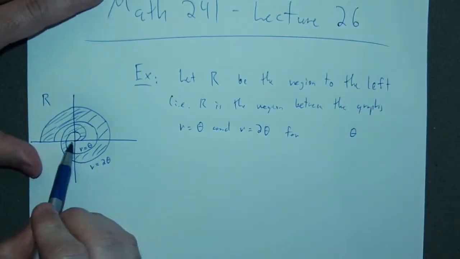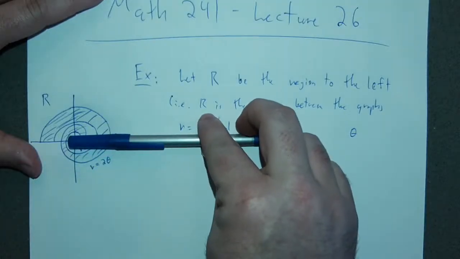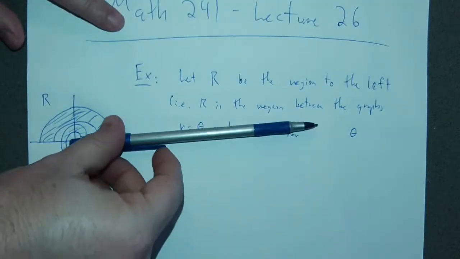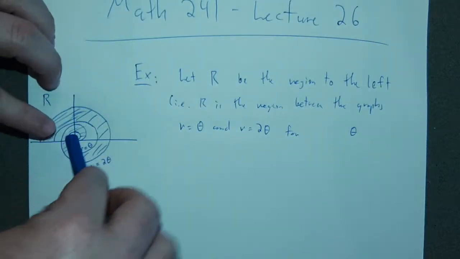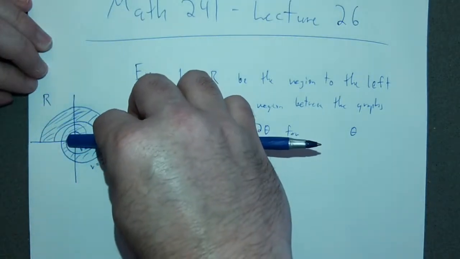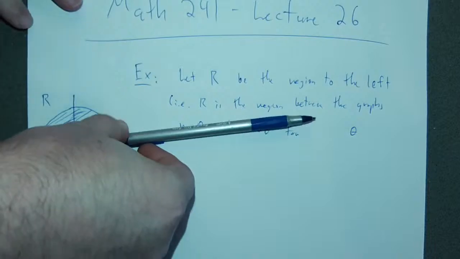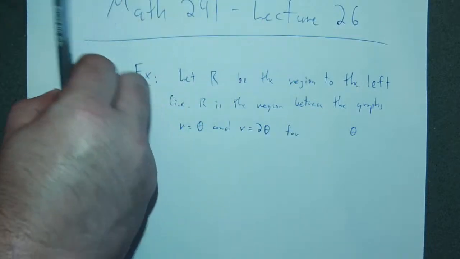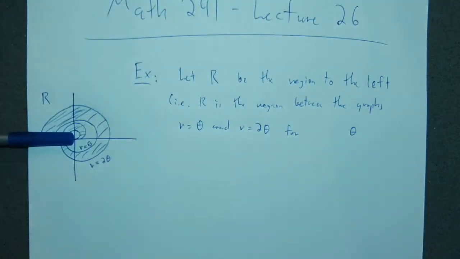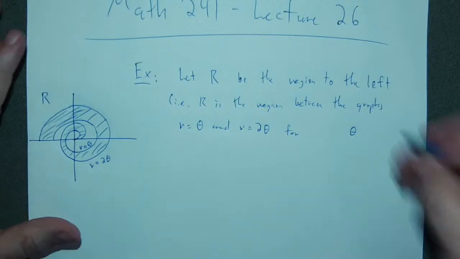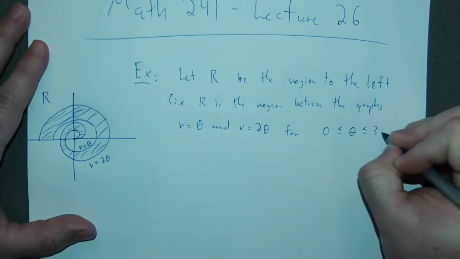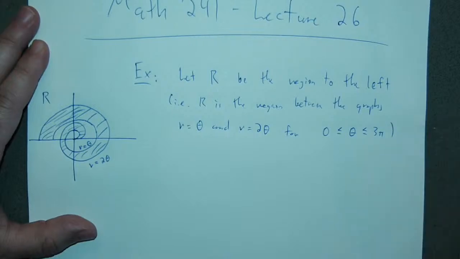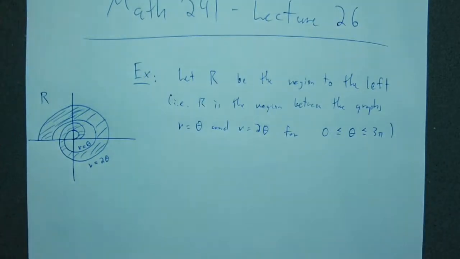I started at theta equals 0. That's my positive x-axis. So I've spiraled around once. So that's 2 pi. But then I spiraled around another half of a full rotation there. So that's an extra pi. So this is theta between 0 and 3 pi. That's how we would describe that region.